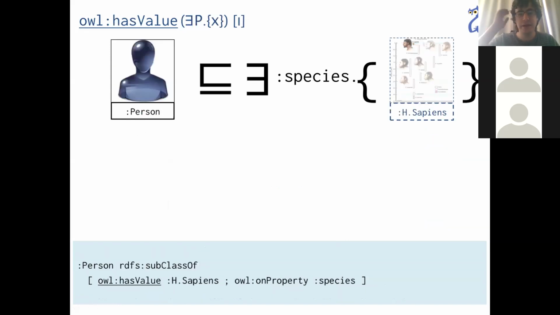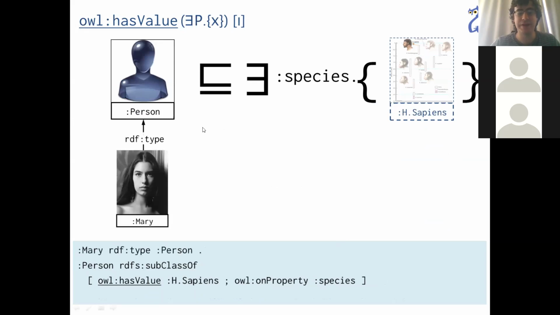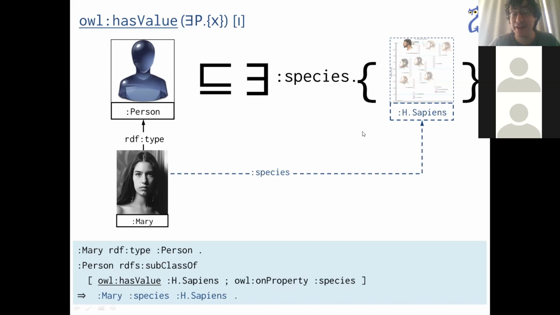Okay. So we have has value. We're nearly there. We've almost done all the features. Person, subclass of has value species Homo sapiens. Okay. So what happens here, if we know that Mary is of type person, then we can infer that Mary must have the value Homo sapiens on the property species.